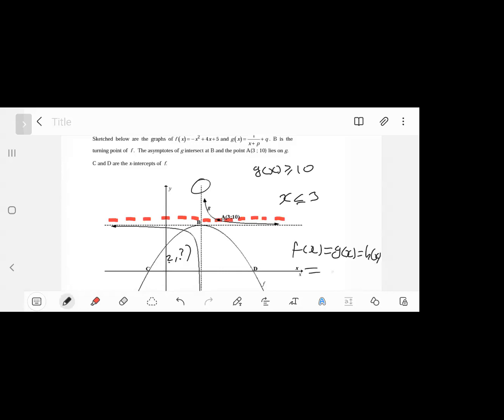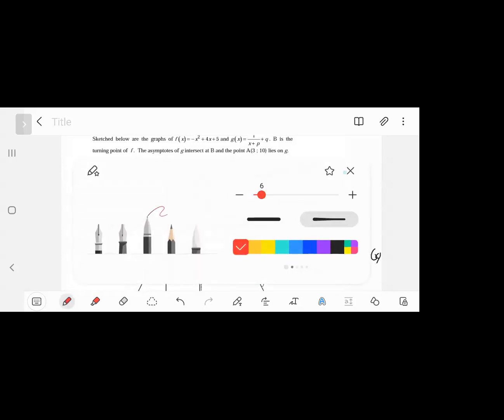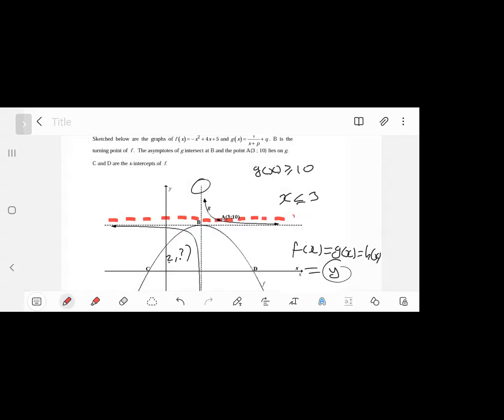All of these funny things mean y. So that is g of x equals to 10.